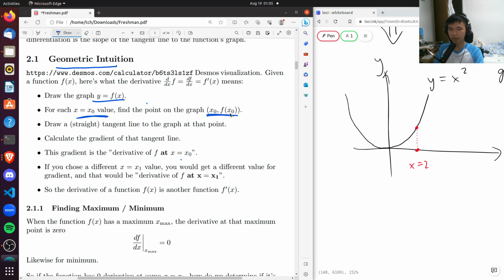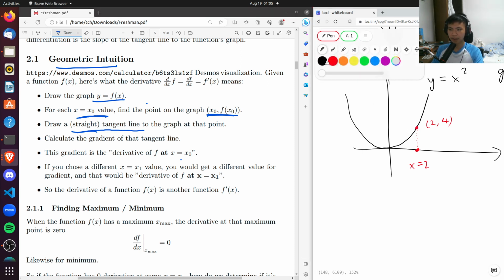In this case x naught is 2, and 2 squared is 4. So the point on the graph is this. Then I'm going to draw a tangent line to the graph at that point. So the tangent line is going to look like that.